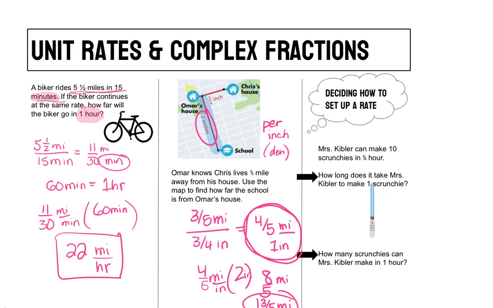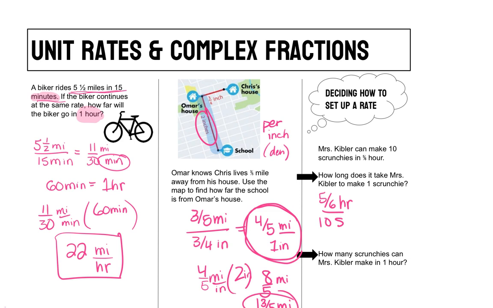We want to know 1 per 1 scrunchie. So in this case, we're going to put the scrunchie in the denominator, per 1. That denominator is always going to be 1. So this means I'm going to put 10 in the denominator. I'm going to put 5/6 of an hour in the numerator, which is different than our rule of thumb, but this is what the question is asking.